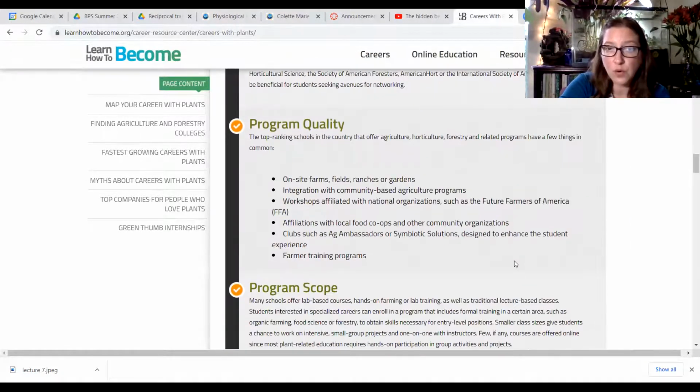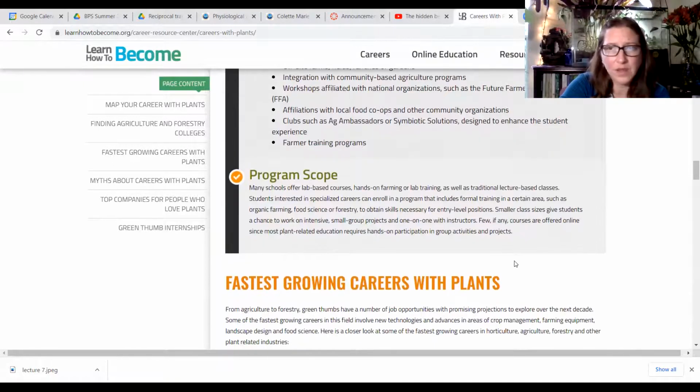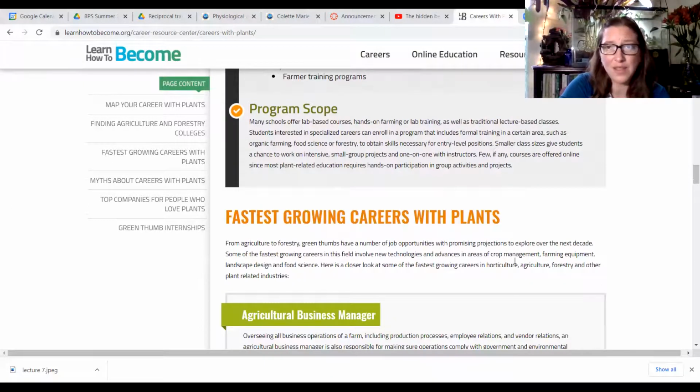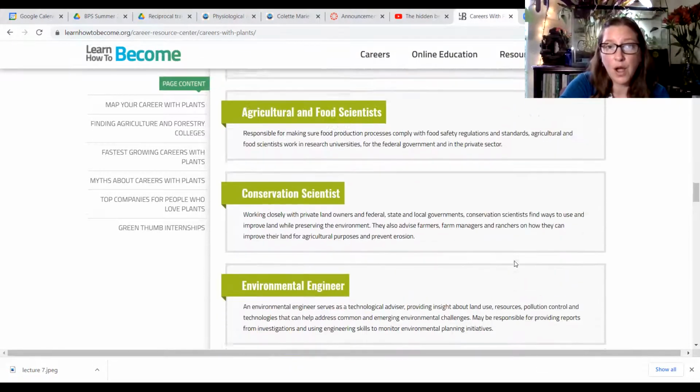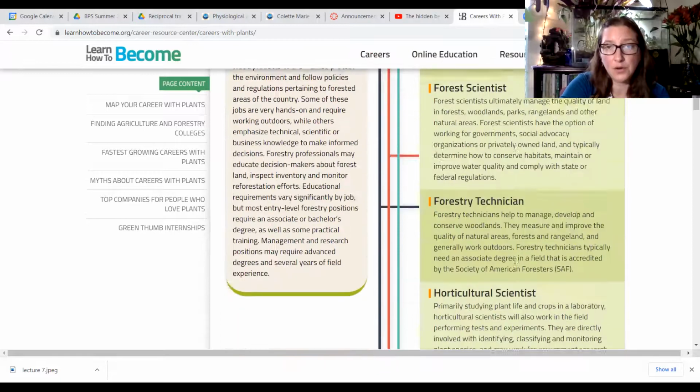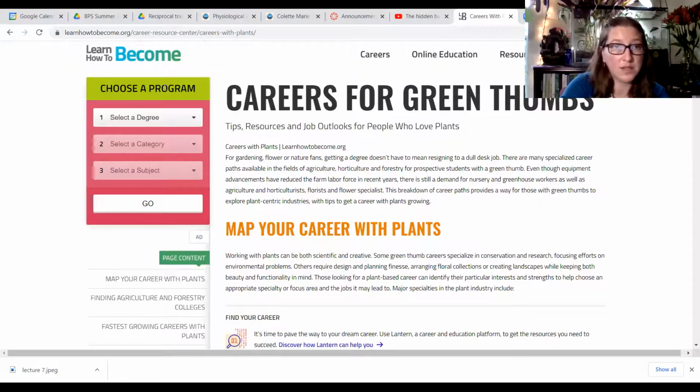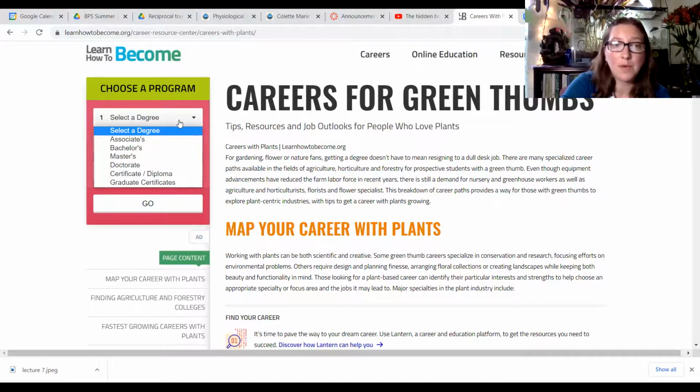A lot of these don't require anything like grad school. Some of these things would require maybe an undergrad degree, but maybe not even working necessarily with plants. But you can select here on the left what type of degree you have.